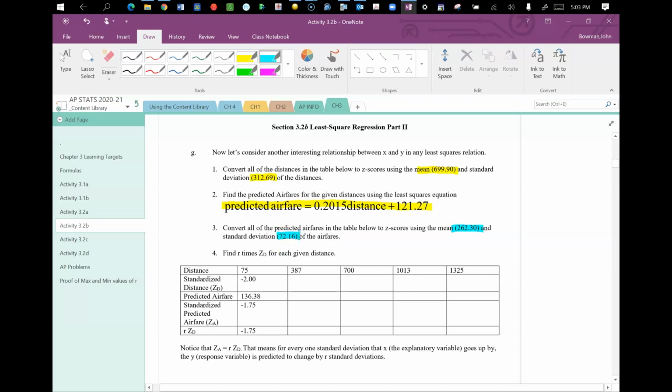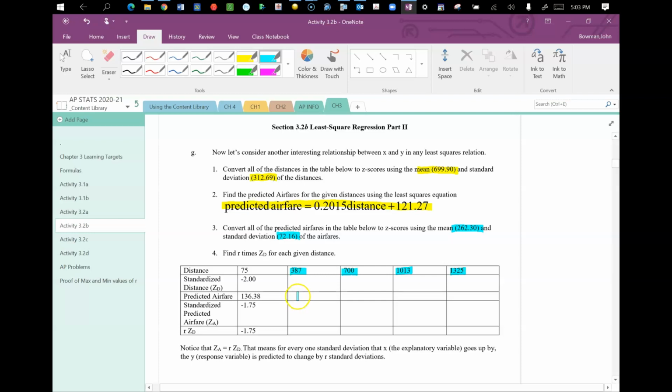What I'd like you to do is pause the video for a moment, more than a moment, and convert all of these distances to standardized values by subtracting the mean distance and dividing by the standard deviation.